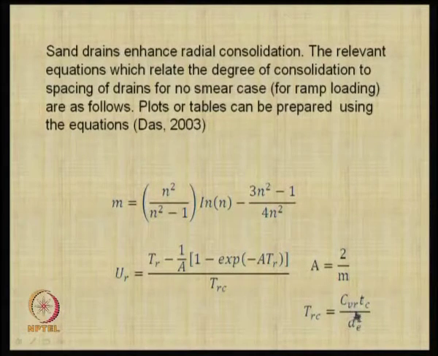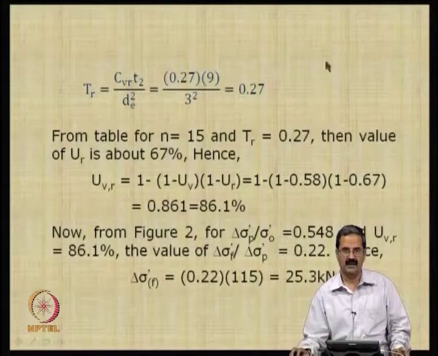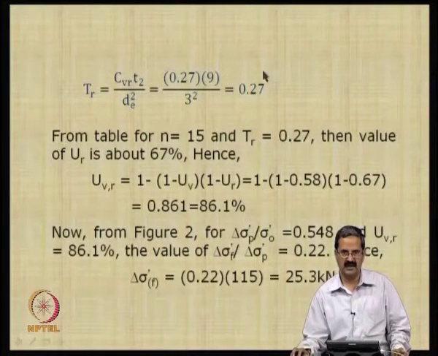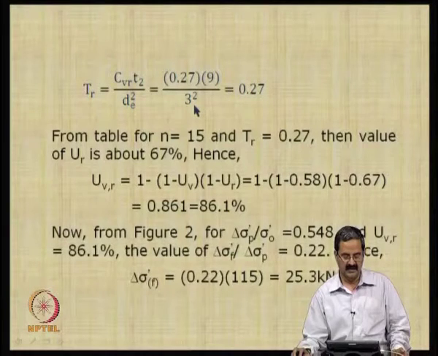So, you have these numbers: Tc is the construction time and D is the effective diameter. This is a simple example here. The Tr is nothing but CVR t over D squared, and as I just mentioned, we would like to see the consolidation within 9 months, that is the objective, and D is 3 meters, it is radial.